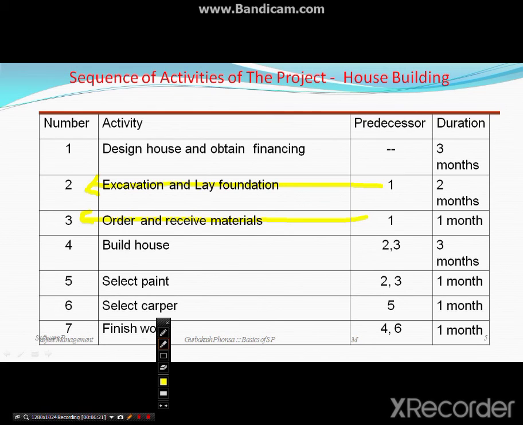That is the meaning of predecessor activity. What is the previous activity of 2? It is 1. What is the previous activity of 3? That is 1.